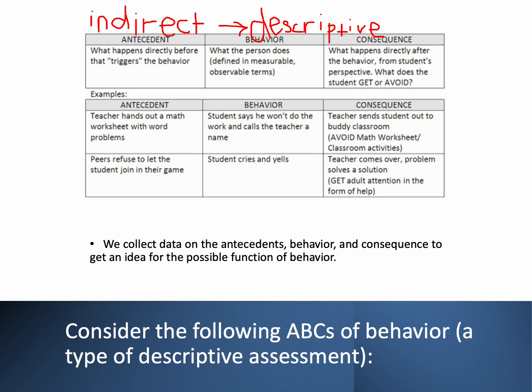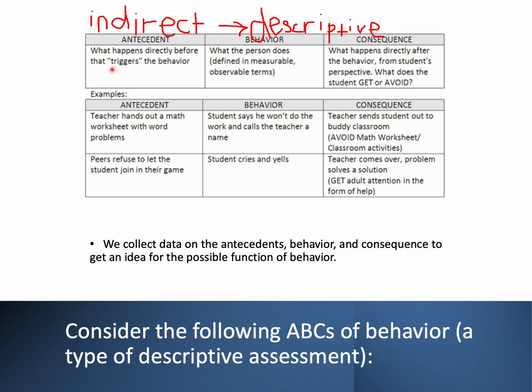Okay, and if you recall, as I just mentioned in the previous slide, you learned about the A, B, and C's, or the three-term contingency in EAB 3002. Our antecedents refer to exactly what is occurring prior to a behavior. And we want to get an understanding for what occurs prior to a behavior, because these can serve as triggers in a sense for the behavior.